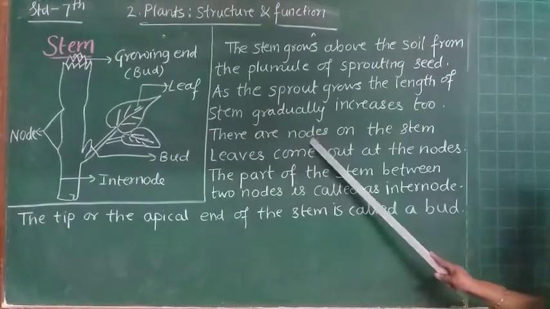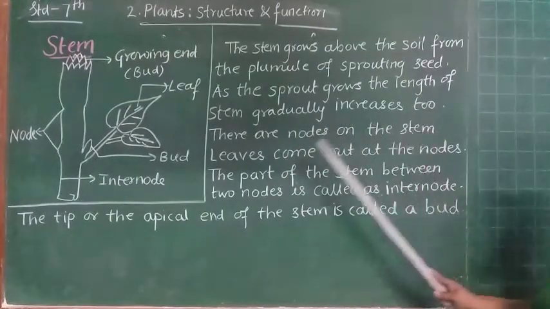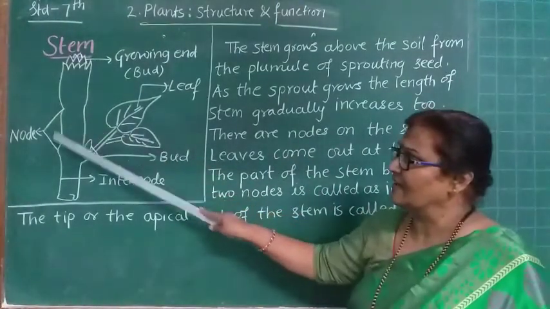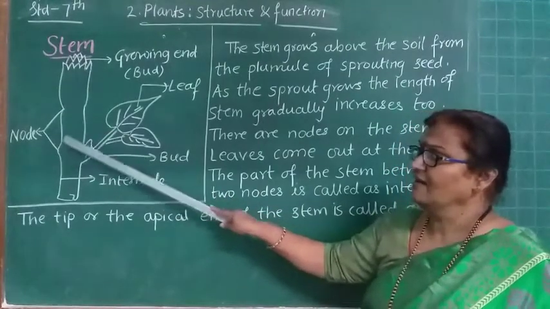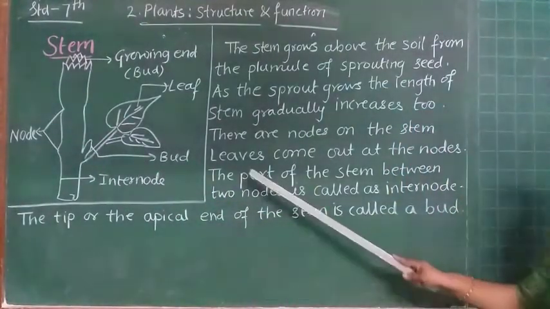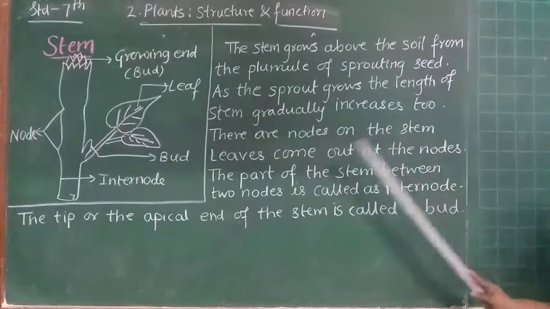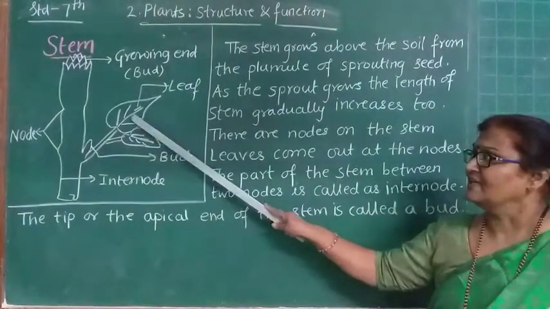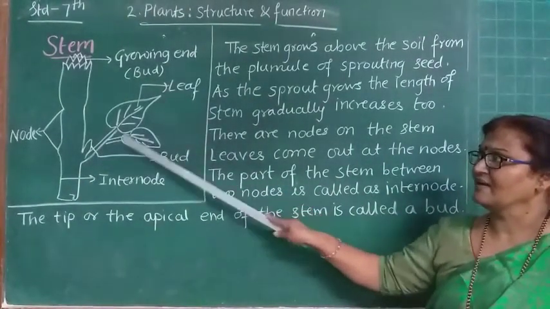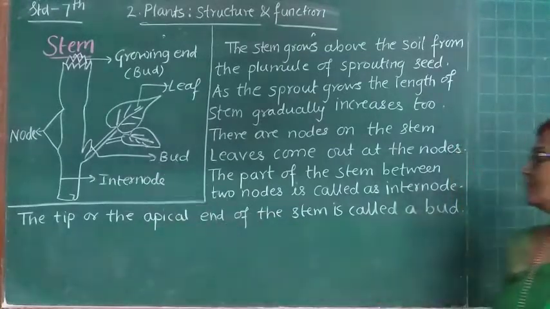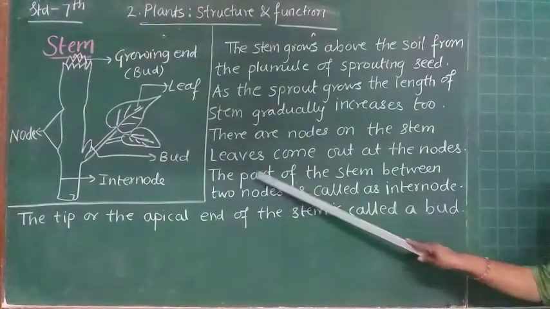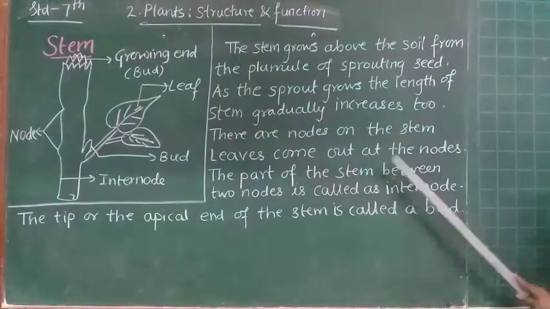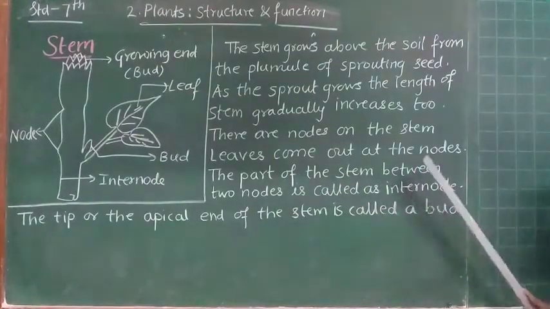There are nodes on the stem. See here, these are the nodes on the stem. Then see, leaves come out at the nodes. Here you can see the leaf or the leaves are coming from the node. Then see, the part of the stem between two nodes is called an internode.